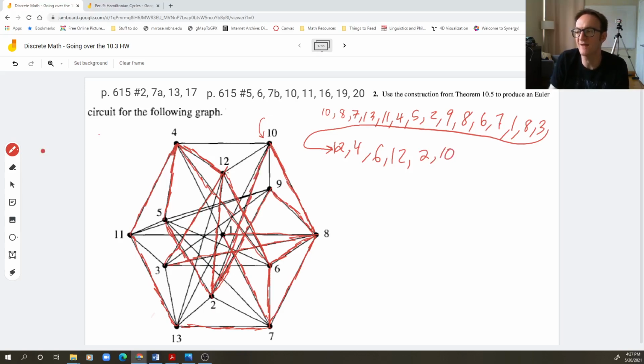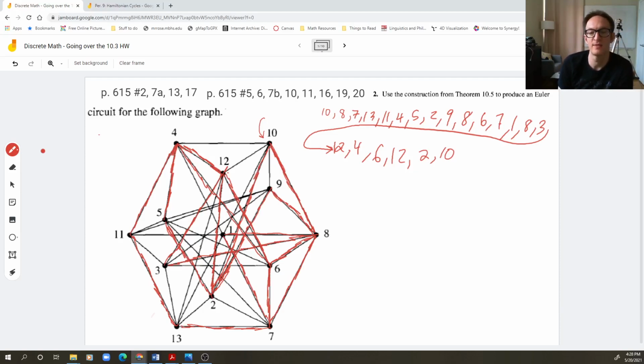Actually, I don't even have to stop because I think the algorithm I presented in class stopped at 10, but the algorithm in Gossett, when I actually read it later, said don't necessarily stop when you get to 10, stop when you run out of edges.